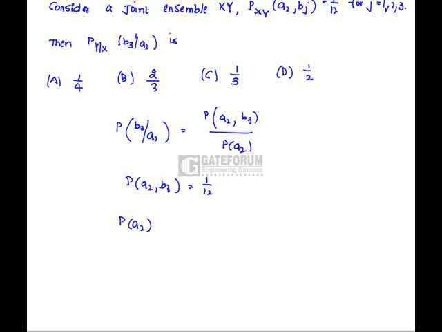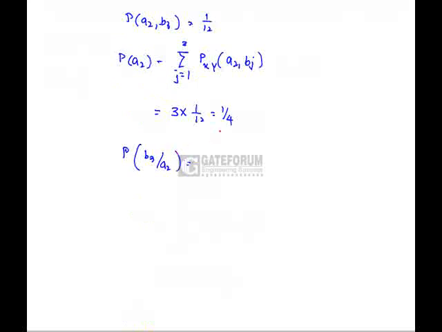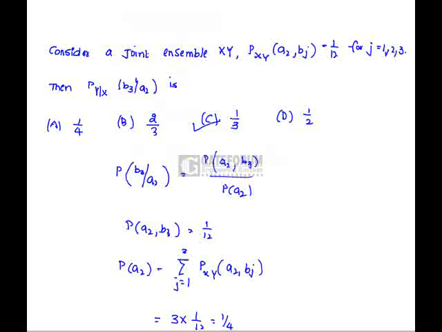Probability of a2 is the sum over j equals 1 to 3 of a2 bj, which is 3 into 1 by 12, that is 1 by 4. Hence probability of b3 by a2 is 1 by 12 into 4, that is 1 by 3. Hence option C is correct.